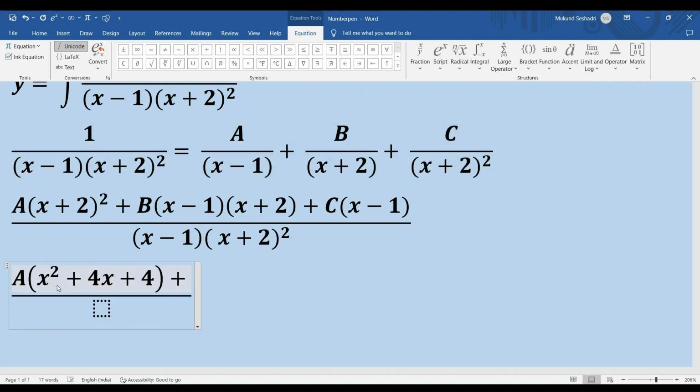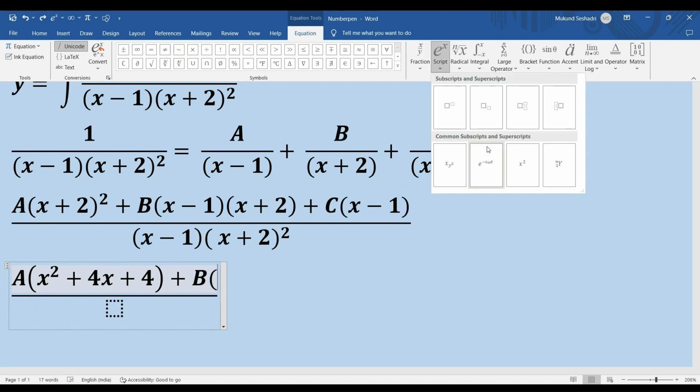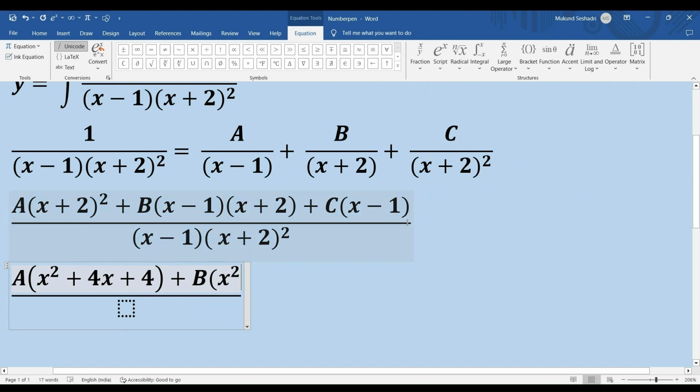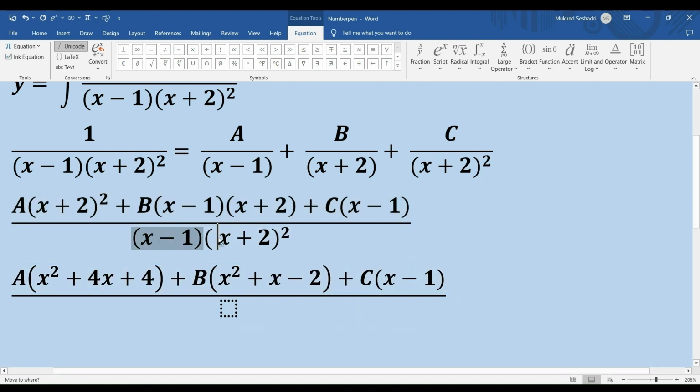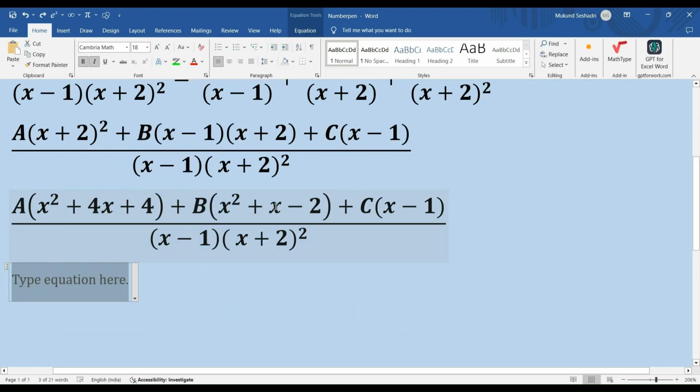And then I come to the second part, which is b times (x minus 1) into (x plus 2), right? x square, then I have a plus 2x and a minus x, which means I get a plus x, and I get a minus 2, right? And then I have c times (x minus 1), right? So that's the expression we have, and for now our denominator remains as it is.